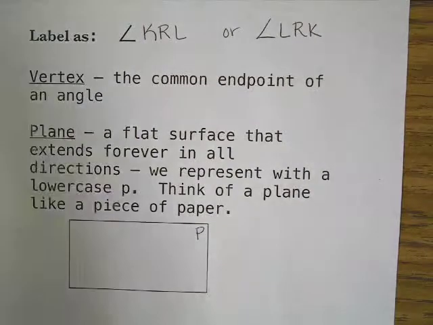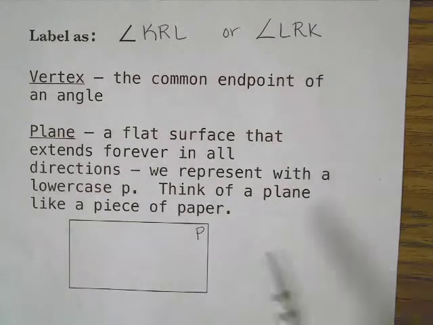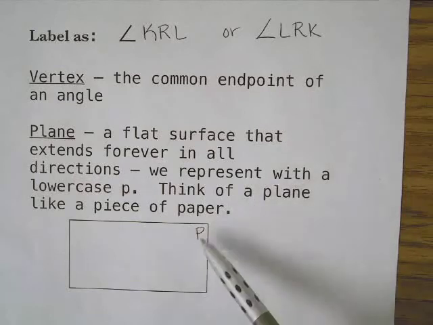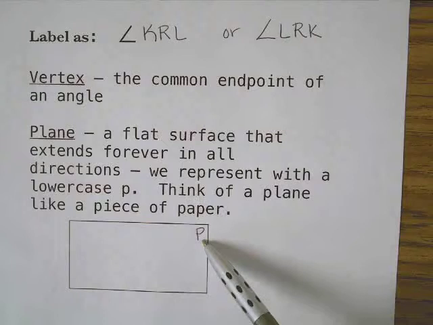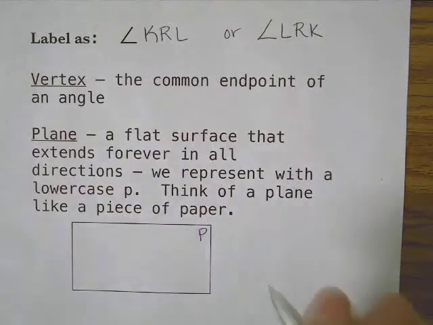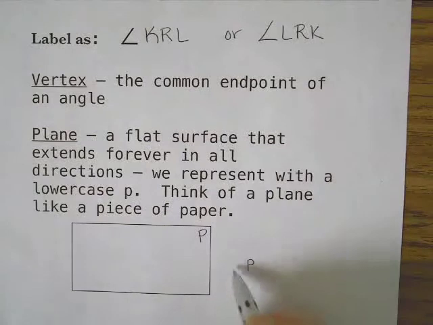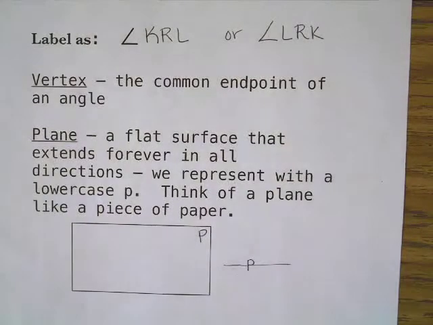And it can go out in all four directions, forever and ever. We will label it with a lowercase letter. So if they have plane X or plane P in uppercase, when you write it, it needs to be lowercase. So this would be called plane P.